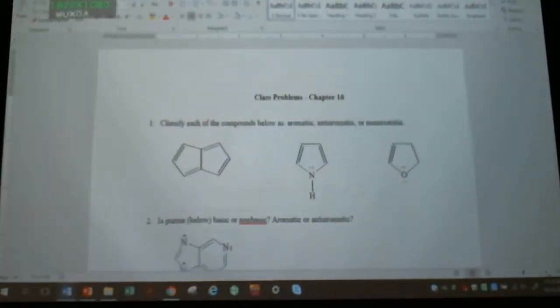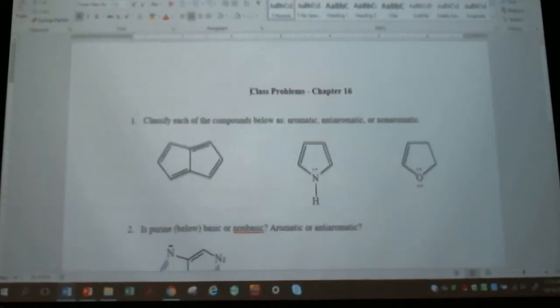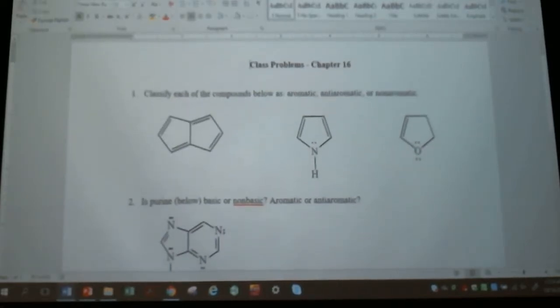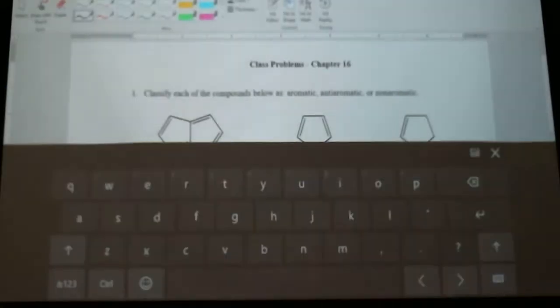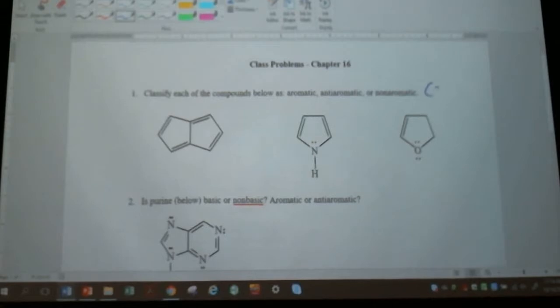So, first of all, on the first problem, you're being asked to classify each of these compounds as aromatic, anti-aromatic, or non-aromatic. Assume planarity.